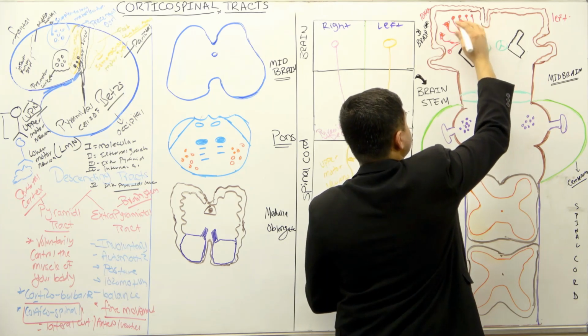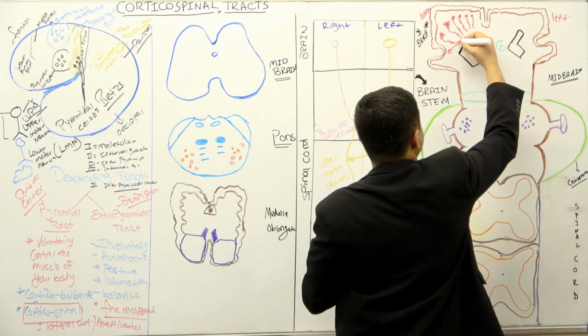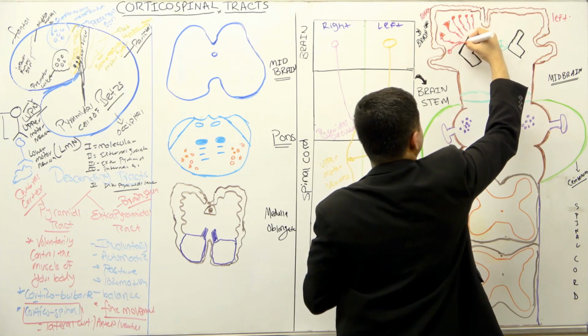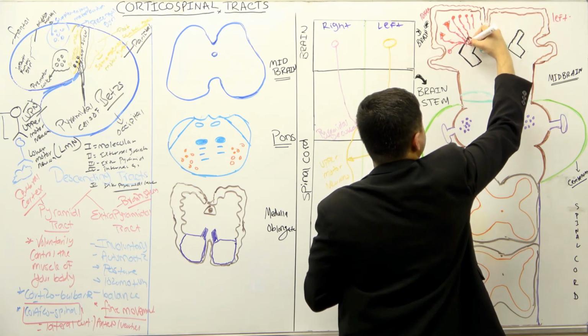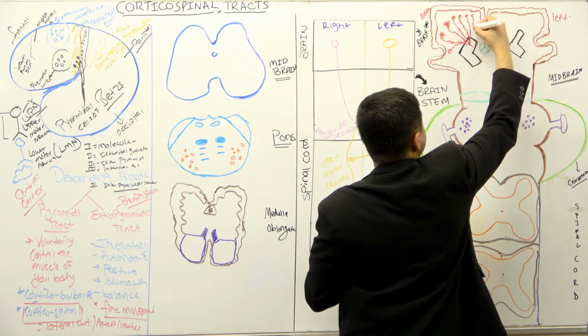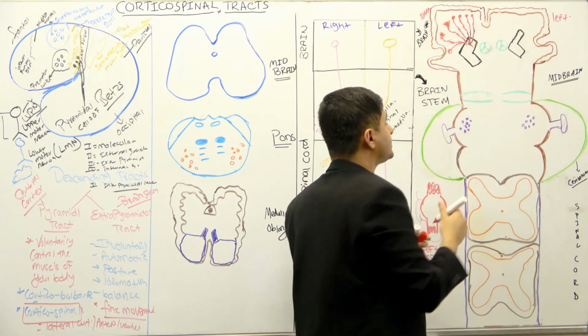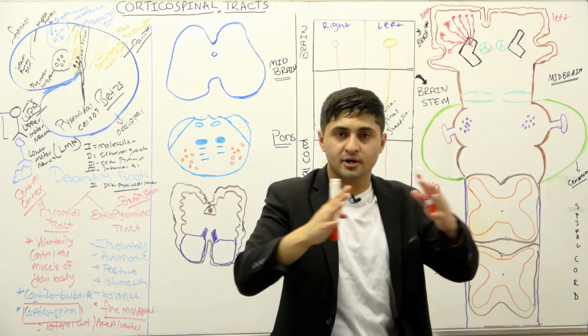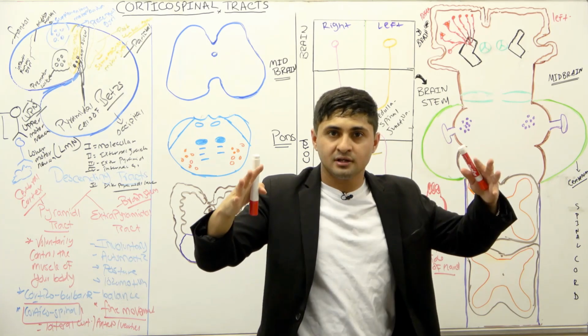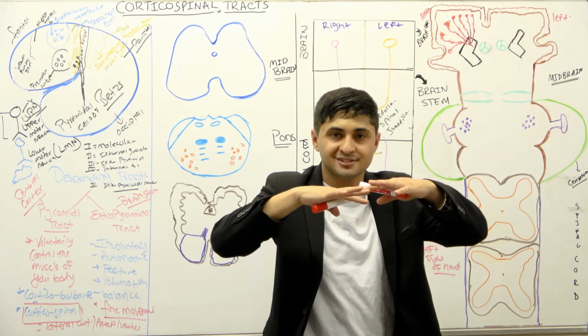All of them, okay, because they're all radiating, right? And they're going to come together because they have to pass this very narrow area in order to come down. It's a very narrow area because in the cortex the cell bodies are scattered and giving off fibers, so you see scattered fibers.